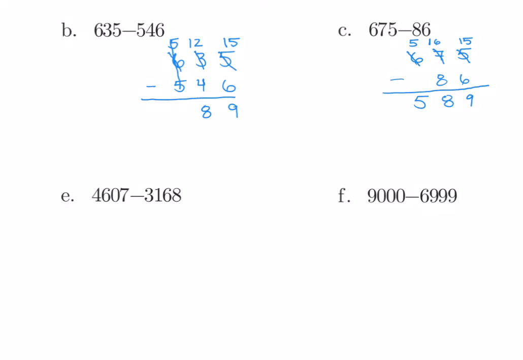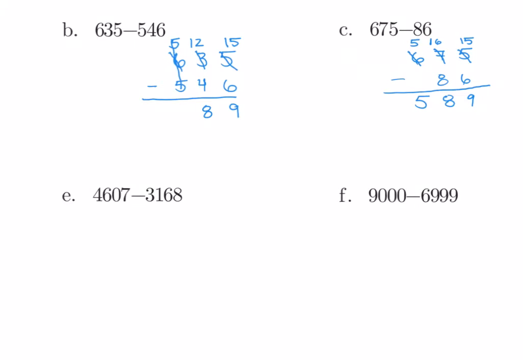All right, so those are some examples there. Let's go ahead and look at some examples where we have extended borrowing. All right, example D. We have 4,607 minus 3,168. We're going to go ahead and line this up.